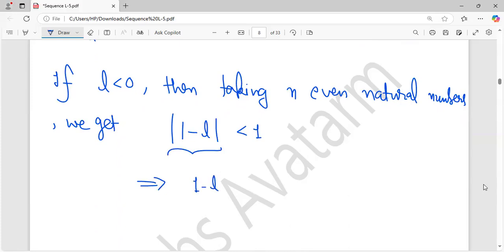Because L is negative, minus L is greater than 0. So if I add 1 to both sides, 1 - L will be greater than 1.